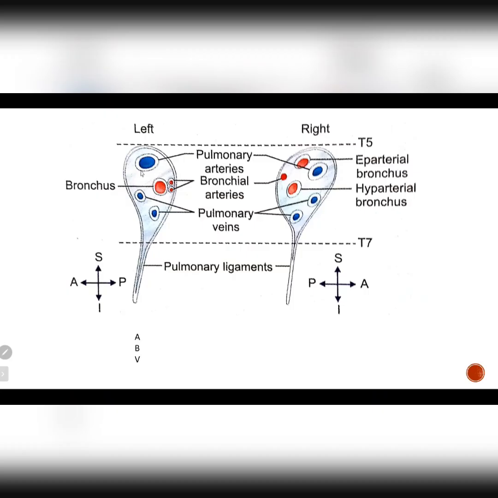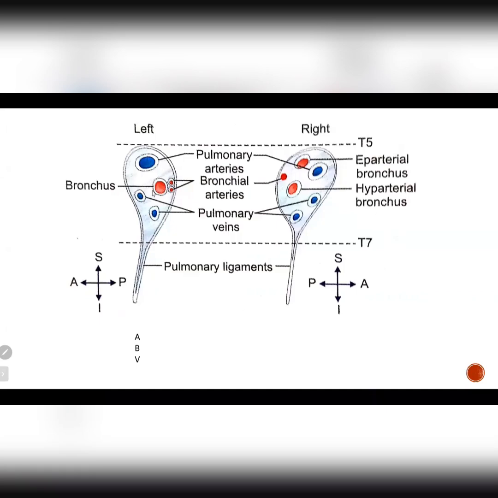So let's look at the structures at the hilum. The superior most structure in the left lung's hilum is pulmonary artery. Next, the structure B is the bronchus. Whereas the inferior most structures, there are two smaller structures, which is the pulmonary vein. V for vein.